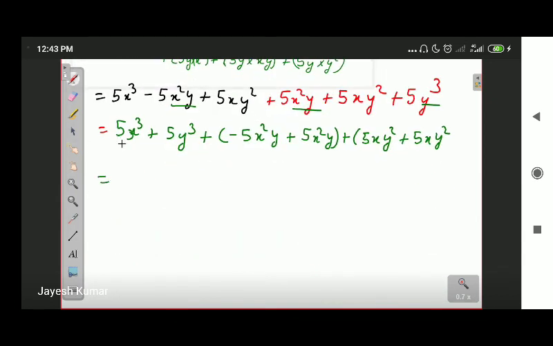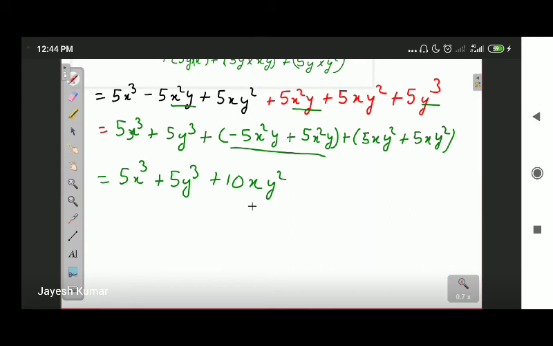This is 5x cube as it is plus 5y cube as it is. This is minus 5x square y and plus 5x square y. I have grouped the terms according to their variables, and as you can see, minus 5 plus 5 is 0. So we need not write this term. This is 0, and this will be 5xy square plus 5xy square, which is plus 10xy square. Okay, we have done the addition part.